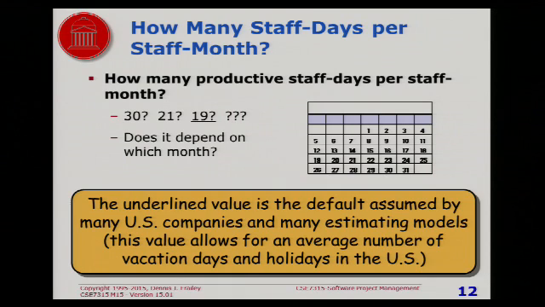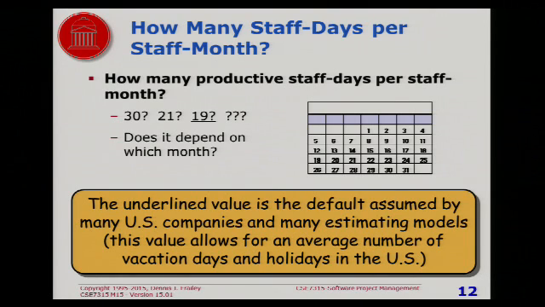And if you subtract that out from the average month, and they also subtract off weekends when people don't work, it turns out that the average month, the average employee works 19 actual days, if you don't count vacations, holidays, weekends, etc. But sometimes organizations don't give as many holidays, and therefore they maybe go up to 20 or 21.